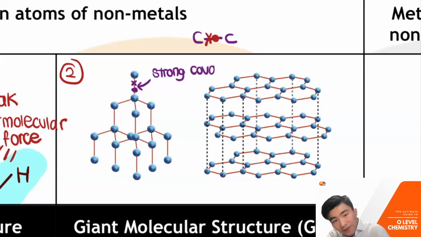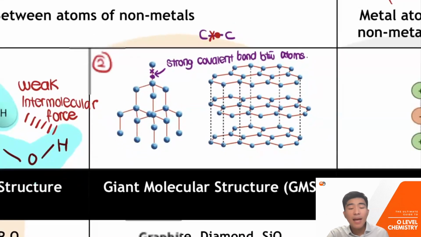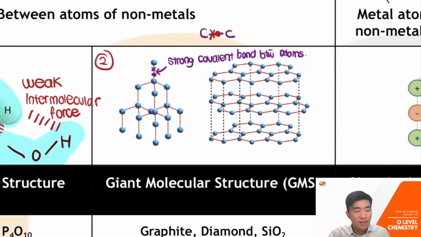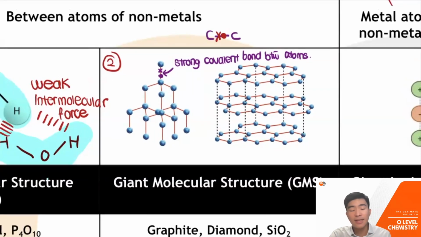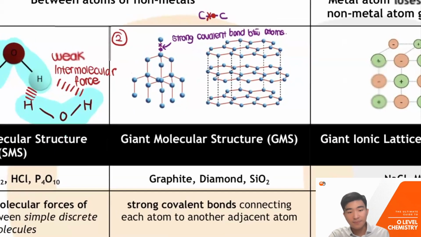This is important for you to know: between atoms, there exists a strong covalent bond. With that understanding, this is known as giant molecular structure. Sometimes we call it macromolecular structure as well. Same thing, macromolecular structure and giant molecular structure, same thing. So macromolecules contain the structure.